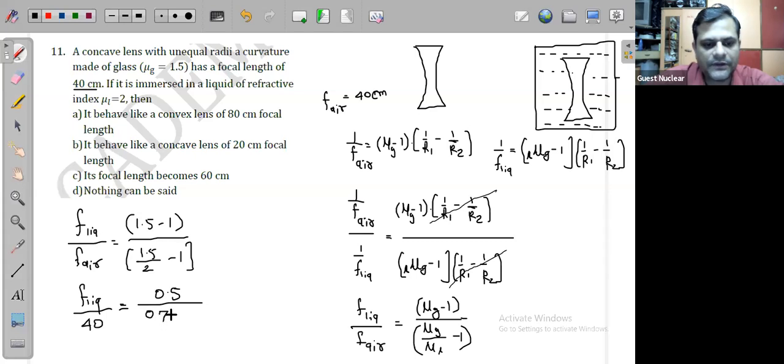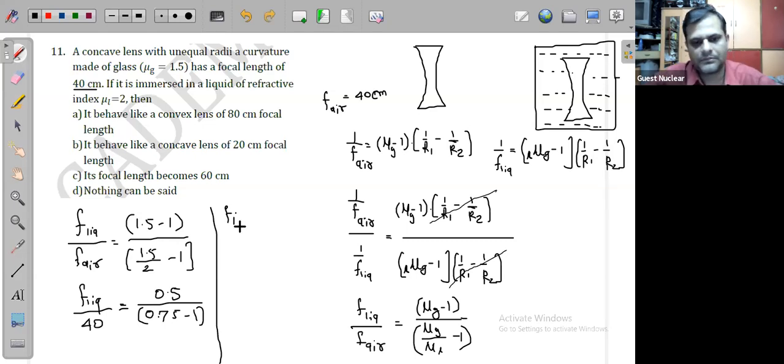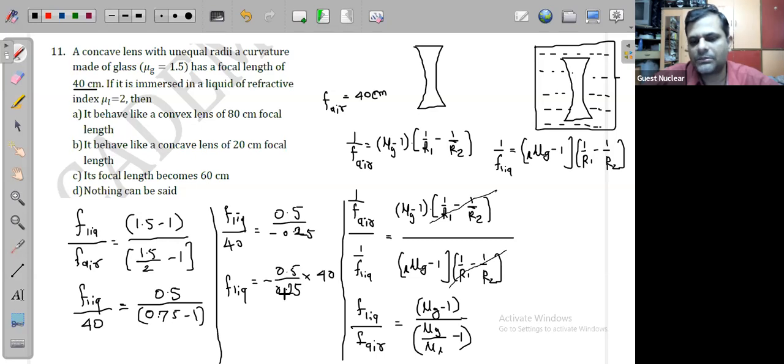So 0.75 minus 1, which happens to be actually minus of 0.25, and then we can be able to get this next step as F liquid upon 40 is actually going to be 0.5 upon minus of 0.25, so that we can just get this F liquid is going to be equal to minus of 0.5 upon 0.25 into 40, where this 0.5 is just double of 0.25.